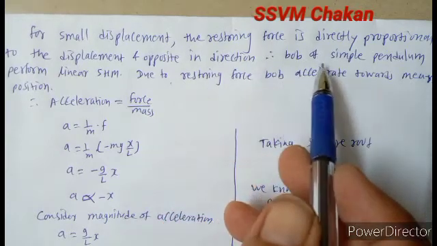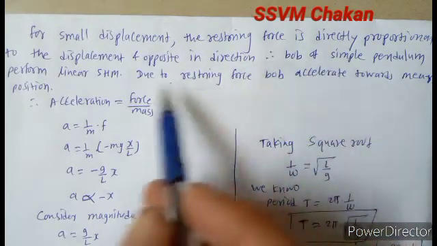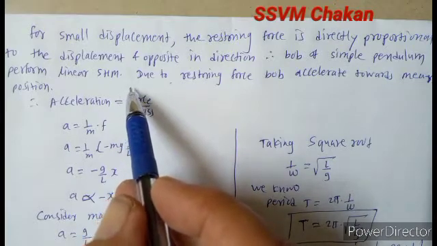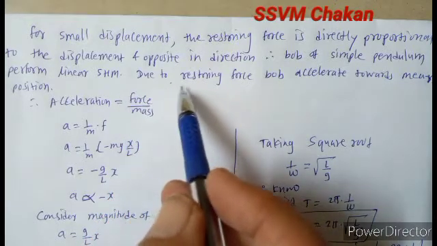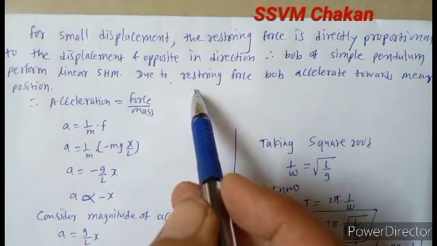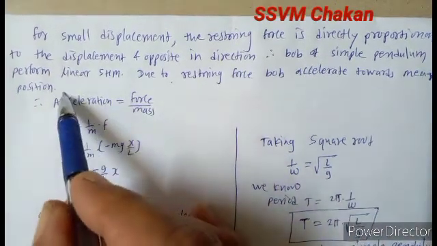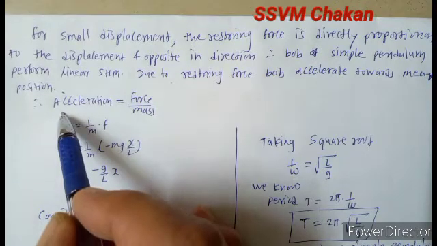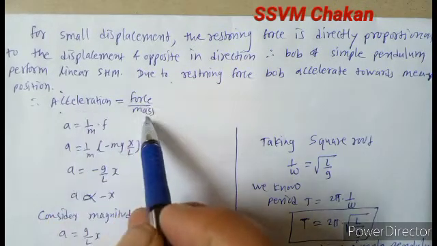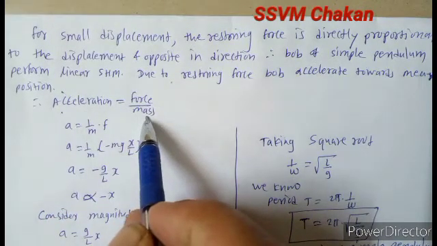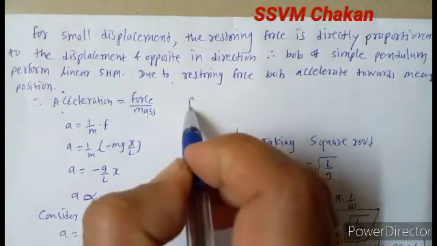Therefore, the bob of a simple pendulum performs linear SHM. Due to the restoring force, the bob accelerates towards the mean position, and acceleration of the bob is force upon mass, using F equals ma.